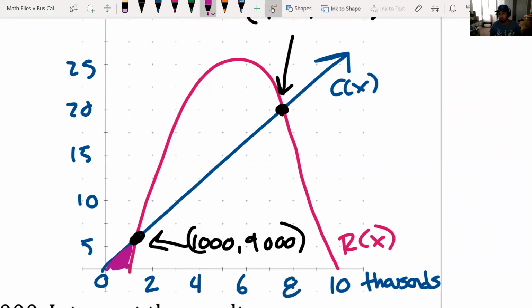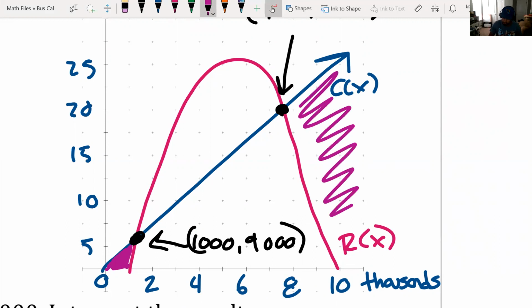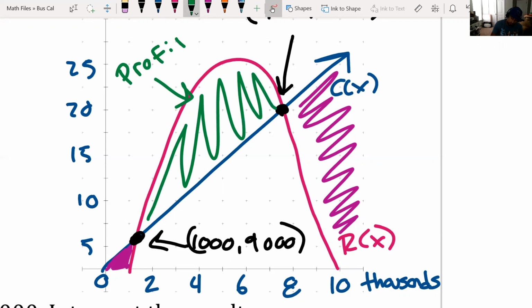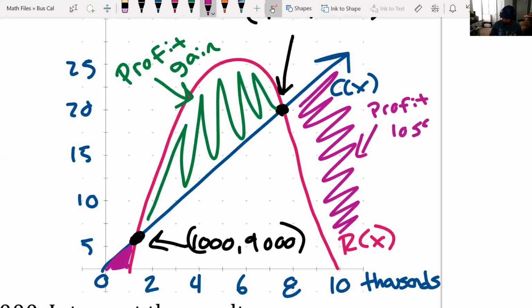Everything down here is a loss of profit, and everything over here is a loss of profit. And guess what? When revenue is greater than cost, everything in here is profit. So this green says we have profit gain. And purple is, of course, profit loss. Here and there.